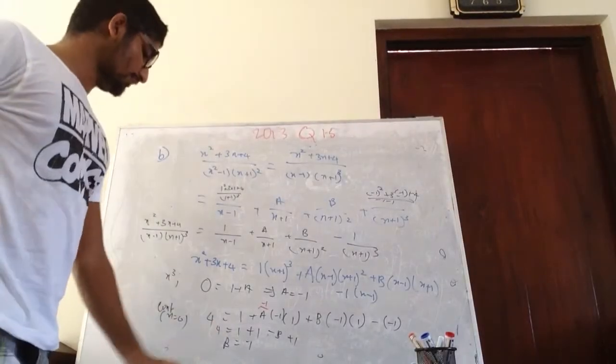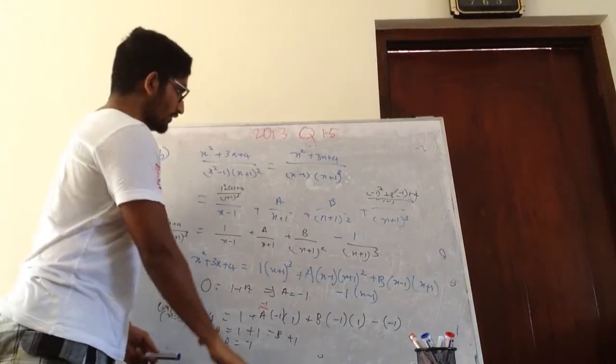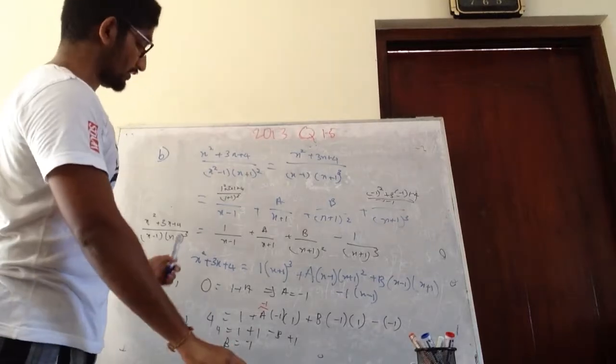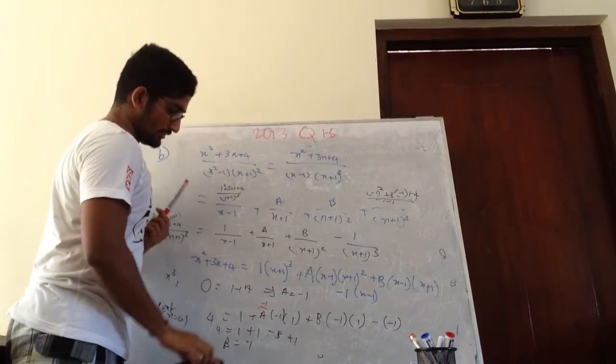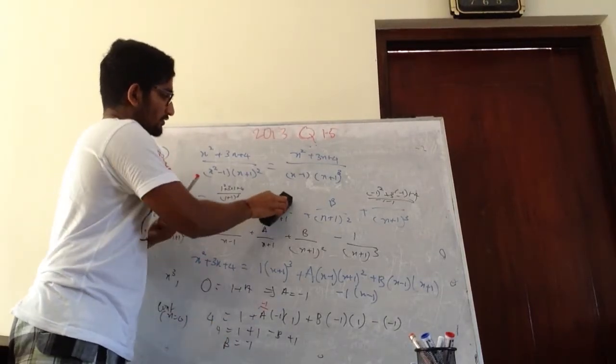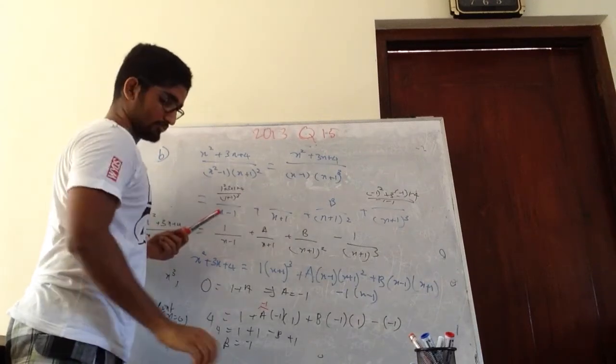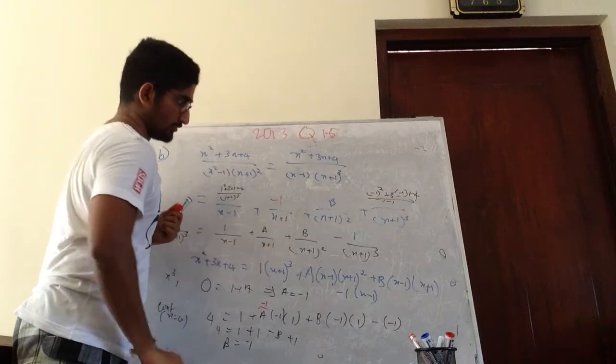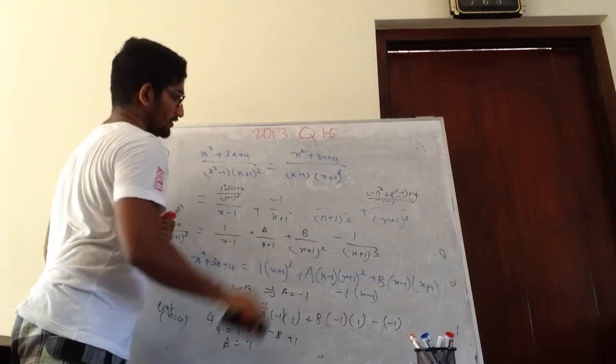Right, so basically we found the values now. You all have to rewrite this, but for me it's easy. I'm going to put a as minus 1. This is also minus 1.